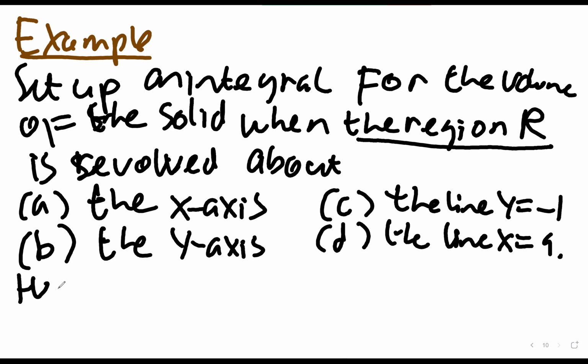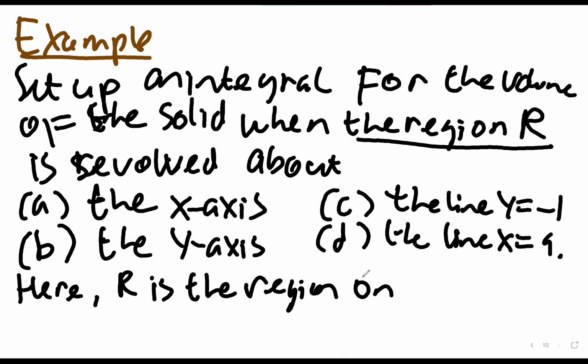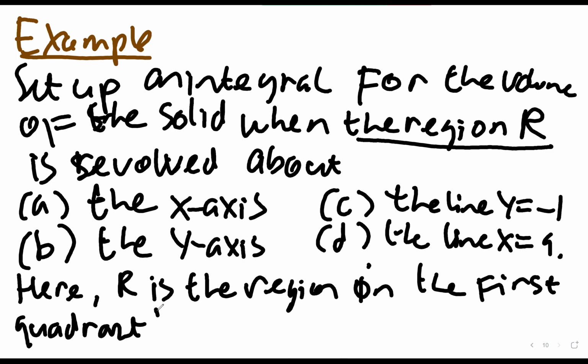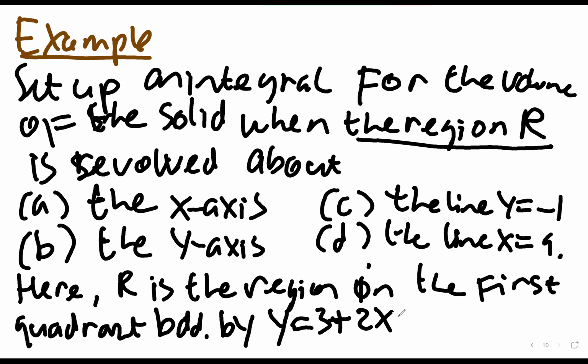And here R is the region in the first quadrant bounded by the curve y equals 3 plus 2x minus x squared, and then the x-axis, of course, and the y-axis.